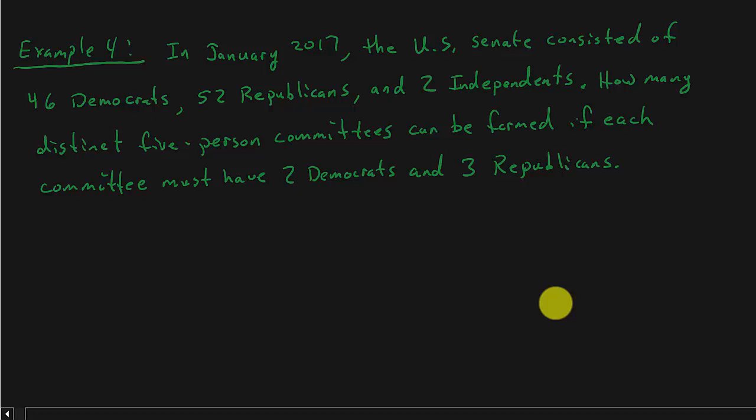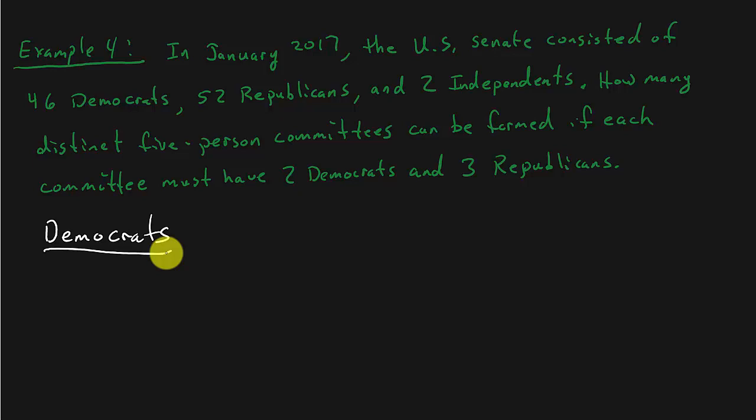All right. So first, let's look at choosing the Democrats. Now, the order that I choose those 2 Democrats, does that make a difference? Well, no, it makes no difference the order that I choose the Democrats, because I'm just picking this person, say, okay, you go on the committee.